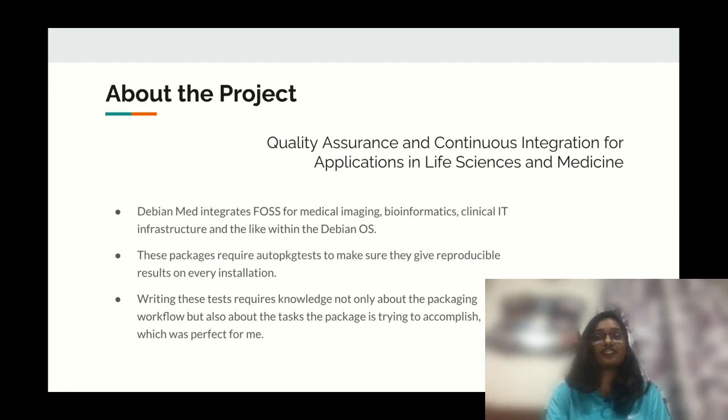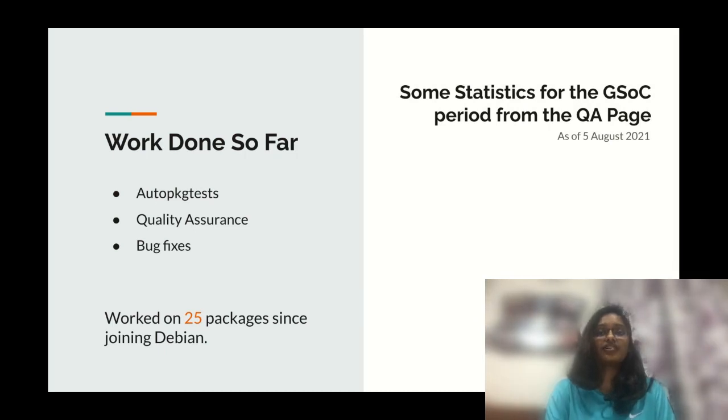And this was a nice blend of both my degrees, and it gave me a nice niche to work with. So the work done so far includes autopkgtests, quality assurance, and uncovering bugs and fixing them. And I worked on 25 packages since joining Debian Med.